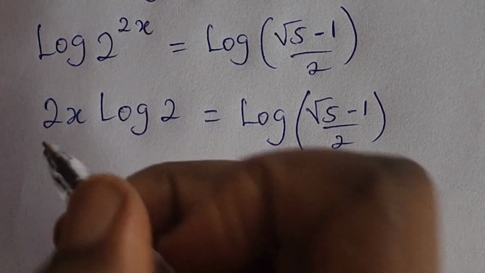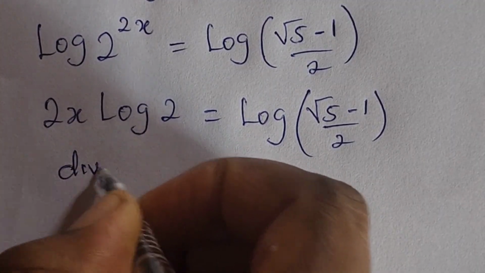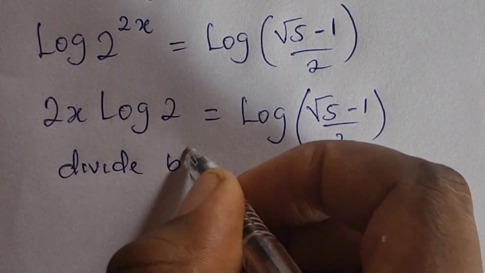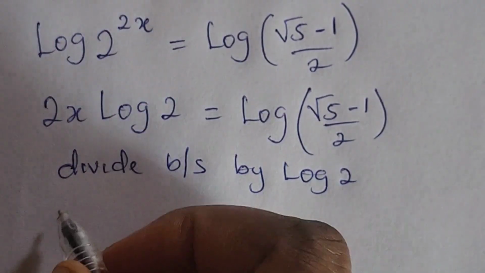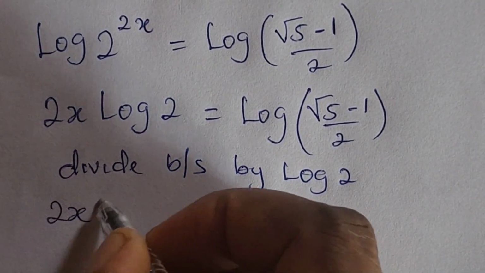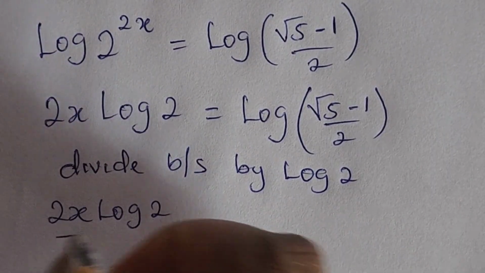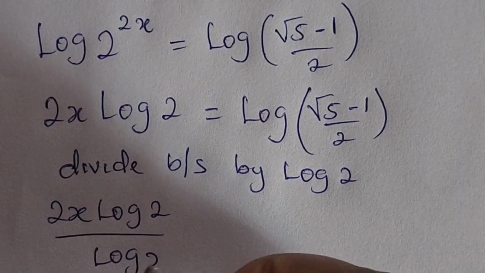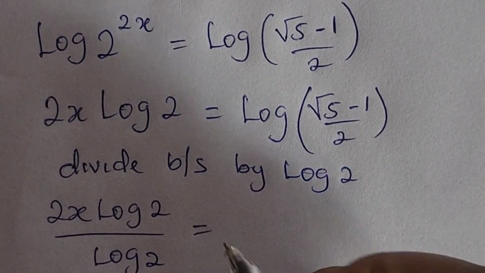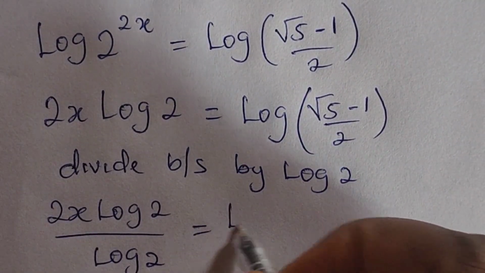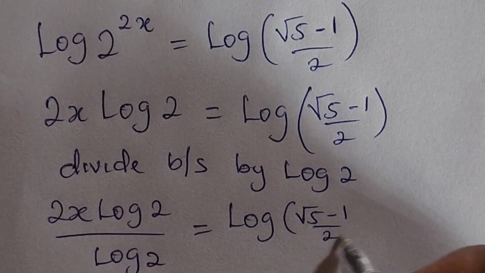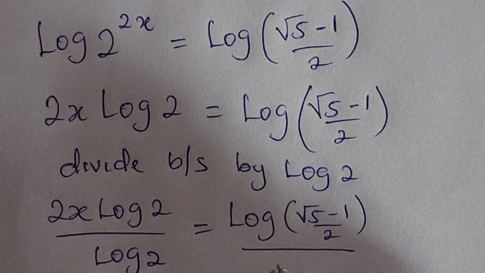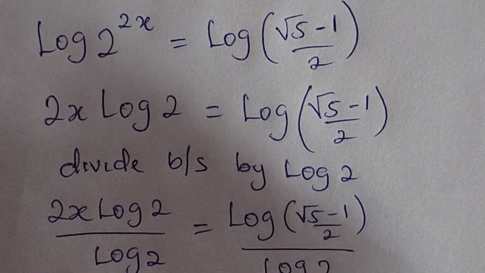So let's divide both sides by log of 2 to have 2x times log of 2 over log of 2 is equal to log of root 5 minus 1 over 2 all over log of 2.